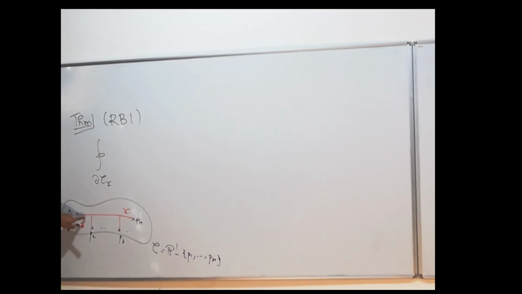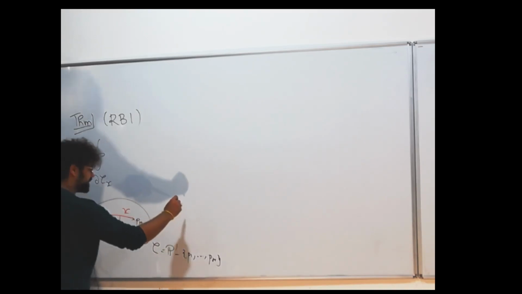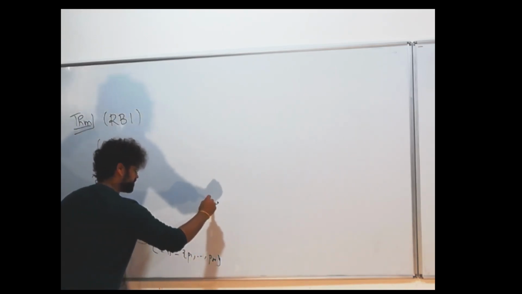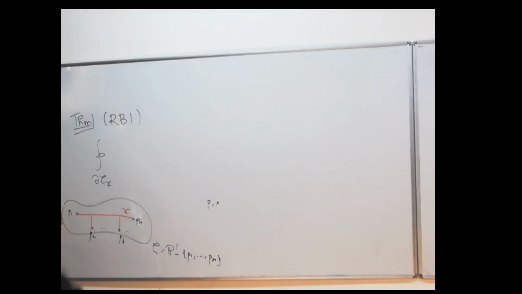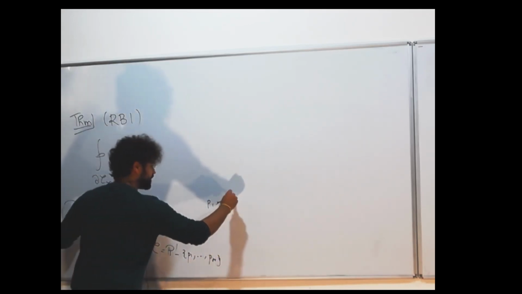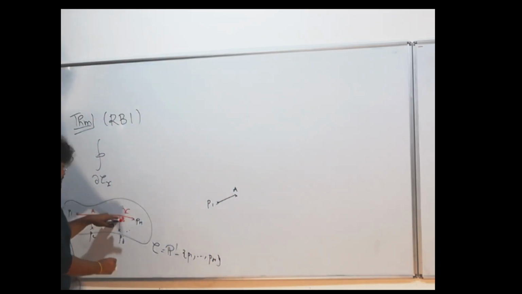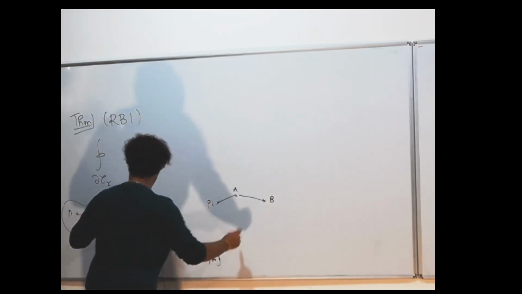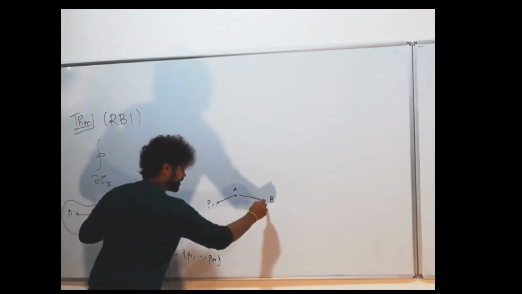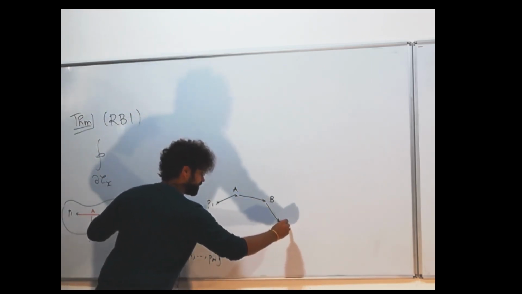Okay, so what does it look like? For instance, if we had a sphere with 4 marked points, then when you open it, you have something that looks like this. So P1. Let me give names to these points. Let's say A and B, the 2 vertices. Then you go from P1 to A, then to B. Then you go to another point, say P4.